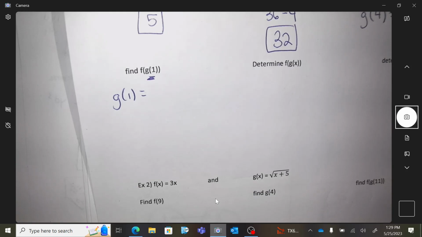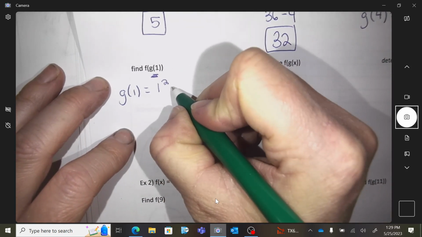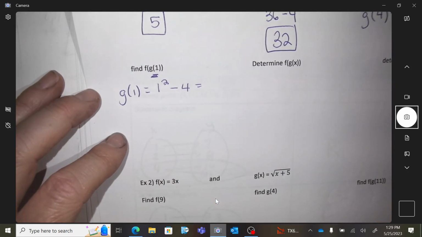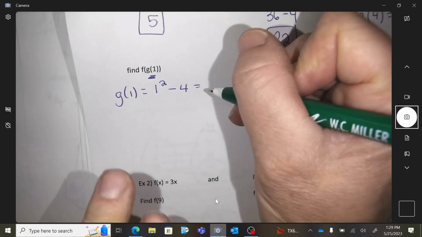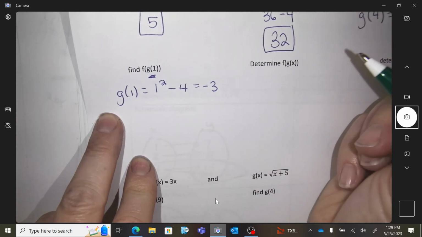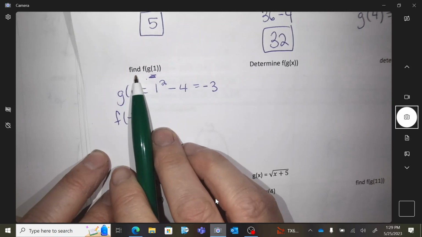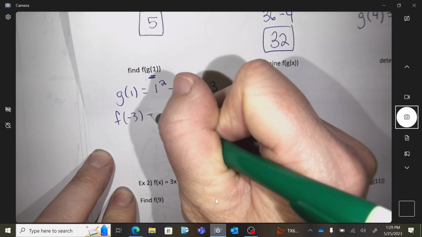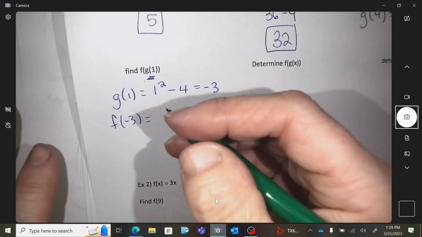So we're going to go to the g function, put a 1 in. 1 squared minus 4 equals, so if you put a 1 into the g, you get a negative 3. Now what is the f of this value, which is now -3? So plug the -3 into the f function.